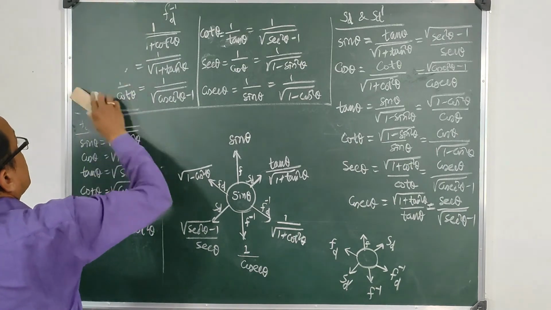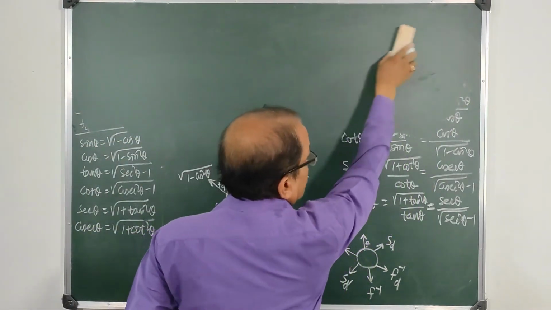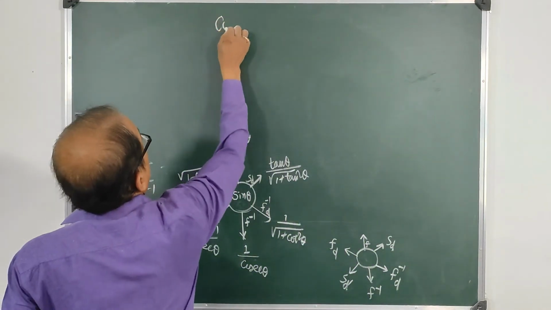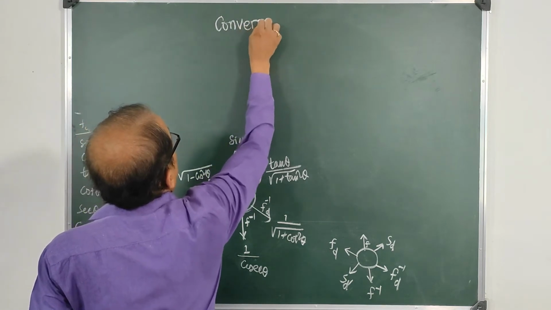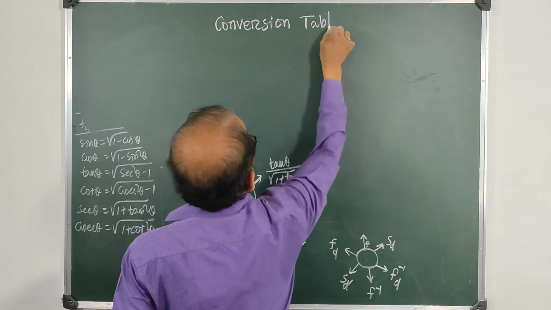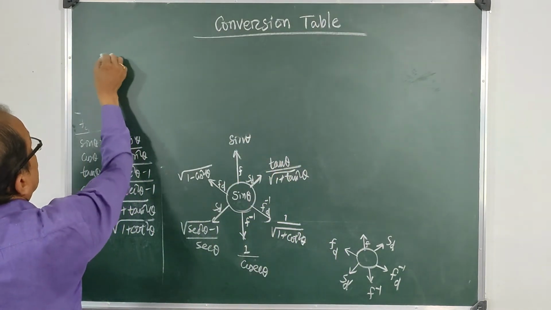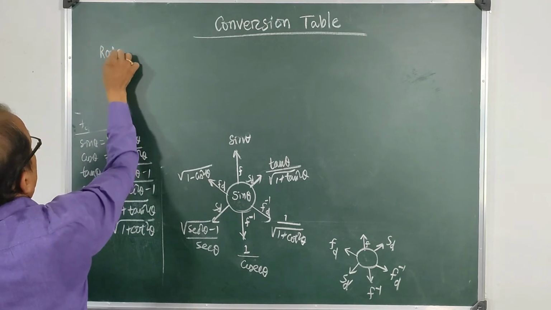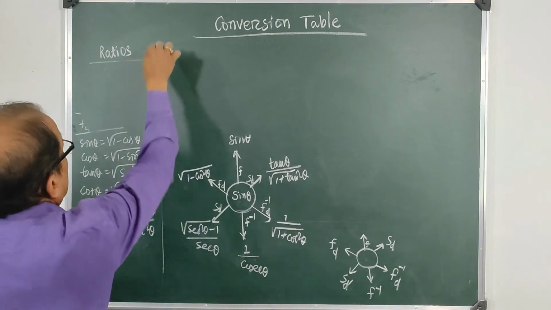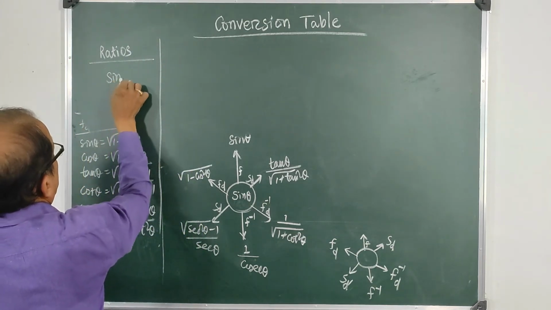So if we use all these together in a table, this will give us a table called conversion table. In this table you have to write the ratios one upon another just below, and in the next column you can keep, suppose here there is sin theta.